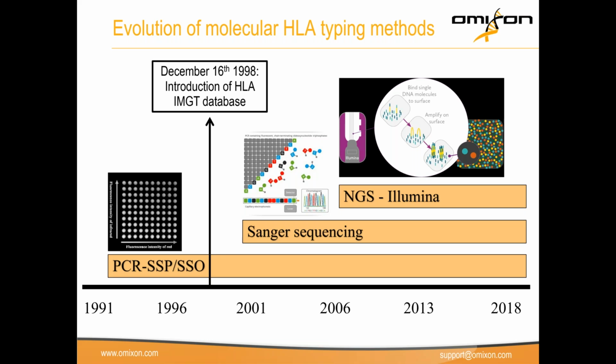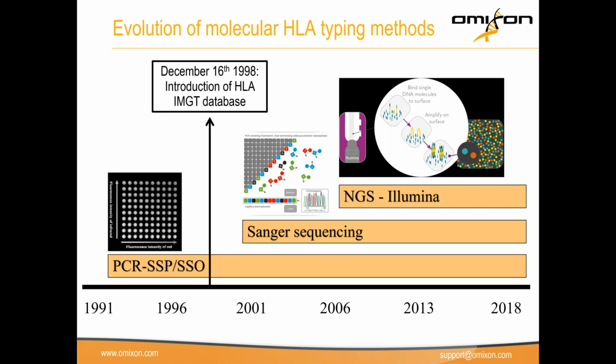And not too long after that, there was more of a need to really identify the sequences instead of only having low resolution typing. So Sanger sequencing was introduced, which is still looked upon as the gold standard of the high resolution sequencing techniques.